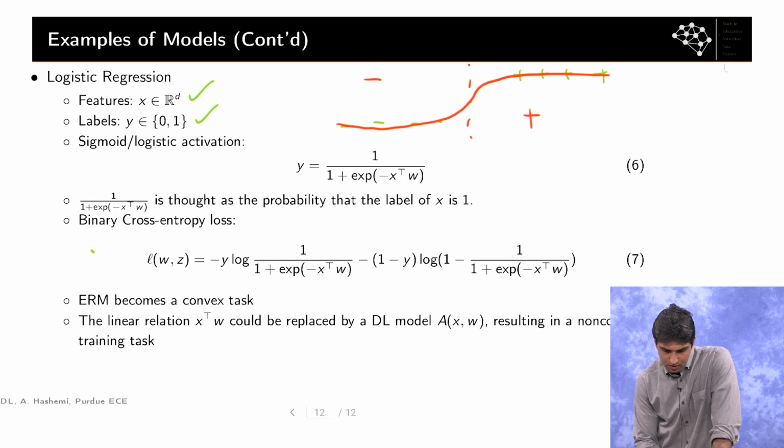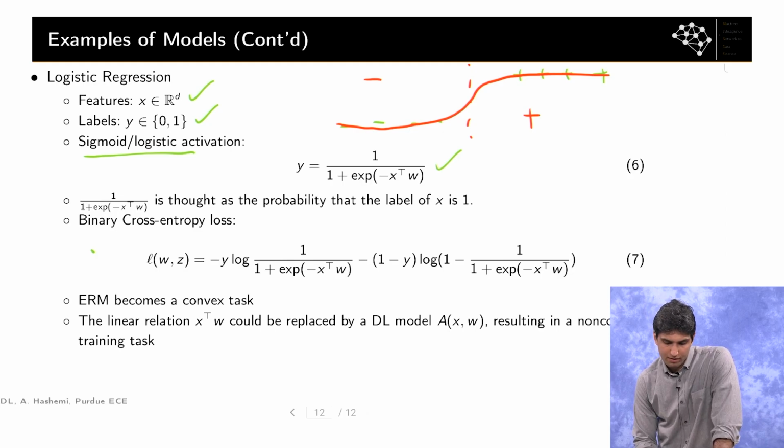And we are assuming the following relationship between the features and labels. We are assuming that it could be represented by a sigmoid or logistic function or activation. So this S-shaped model that I talked about is essentially captured with this relation. And this is called the sigmoid function or logistic function, which is very, very important in machine learning and deep learning.